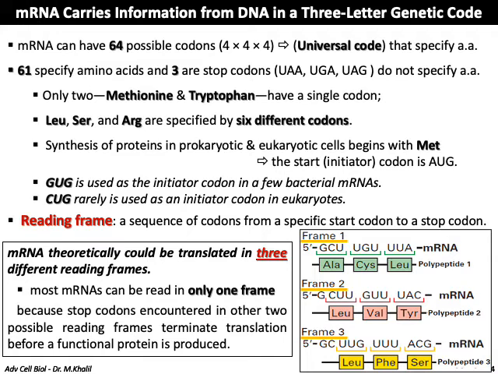So you can see in frame 2 skipping 1 nucleotide and frame 3 skipping 2 nucleotides. But most messenger RNAs can be read only in 1 frame, because stop codons are encountered in the other 2 possible reading frames and terminate the sequence before a functional protein is produced.